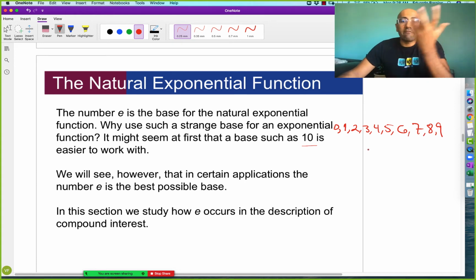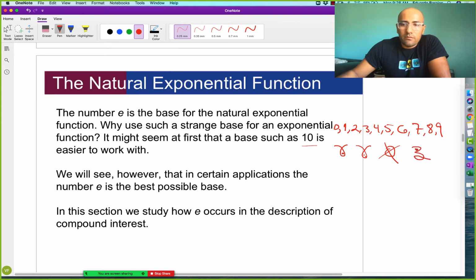But if I was going to invent my own number system, maybe I decide to make it base 4. Maybe I decide this is one number, and then this is two numbers, and then maybe this is another number, and maybe this is another number, right?